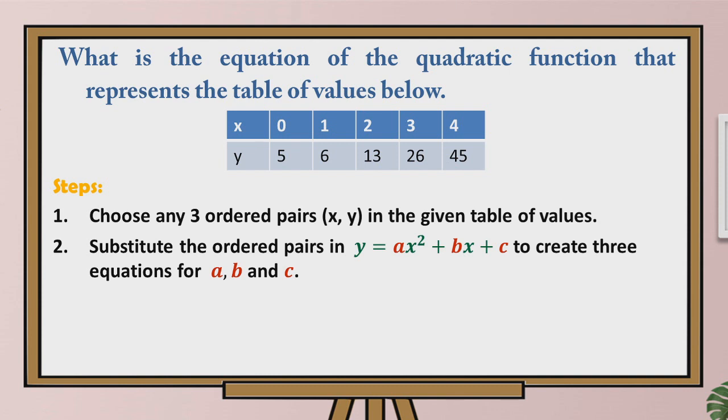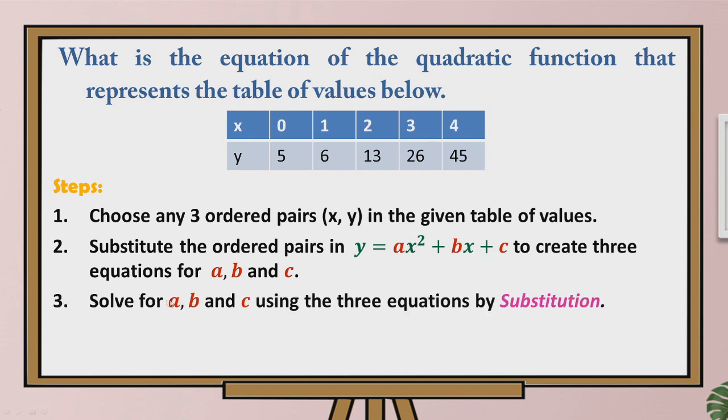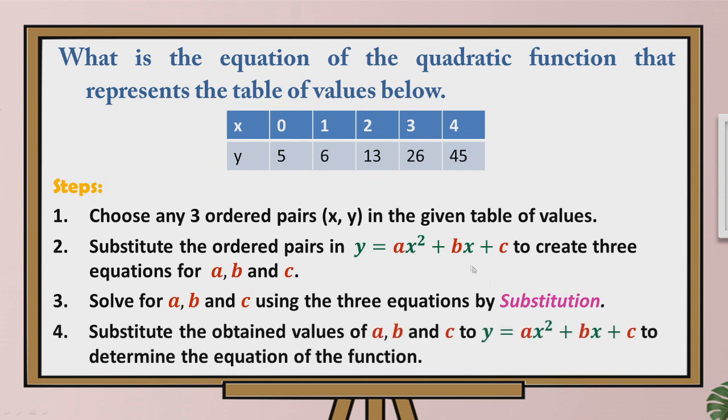Tapos, step 2 is to substitute the ordered pairs in our general form to create equations for a, b, and c. Next is solve for a, b, and c using the three equations by substitution. And then the fourth step is to substitute the obtained values of a, b, and c to our general form to determine the equation of our function.